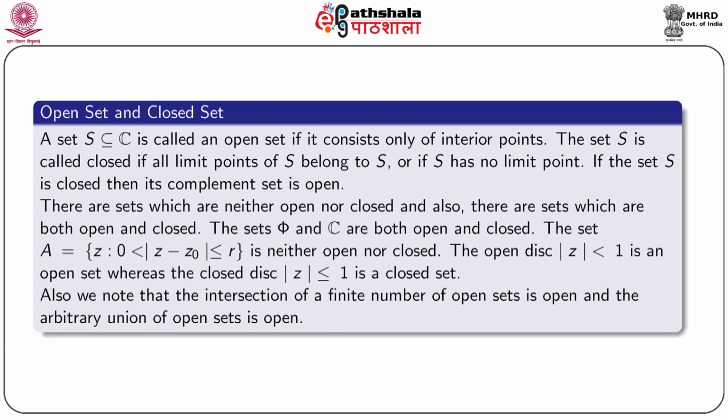If the set S is closed, obviously its complement set is open. There are sets which are neither open nor closed, and also there are sets which are both open and closed. For example, the void set and the set C itself are both open and closed.